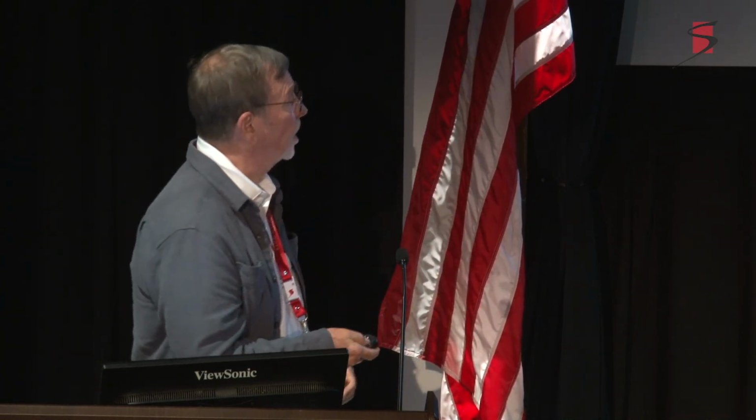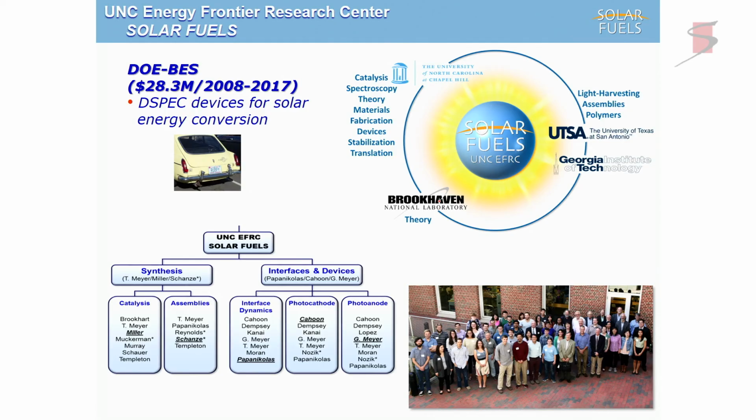Let me just finish, though, with a thought about where all this comes from and why. At UNC, we were one of the beneficiaries of this Energy Frontier Research Center program. And I feel very strongly about the power of the program and the impact it had on training students and doing academic science, certainly at UNC.